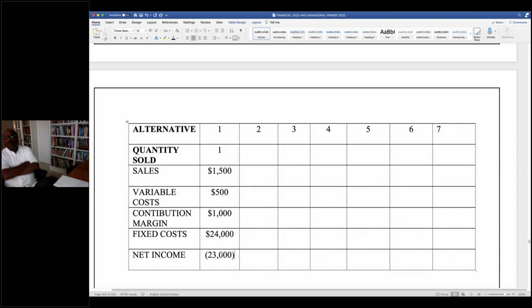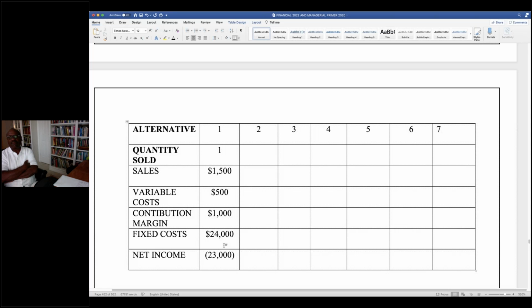The total fixed cost was $24,000. We sold one item, and so we've recovered $1,000 of fixed costs. Are there any questions? Are there any comments?